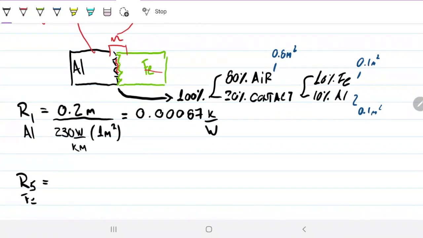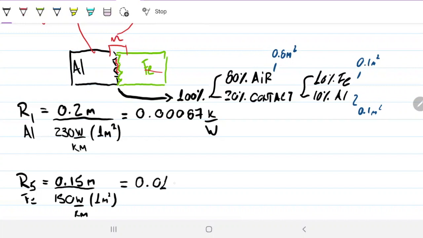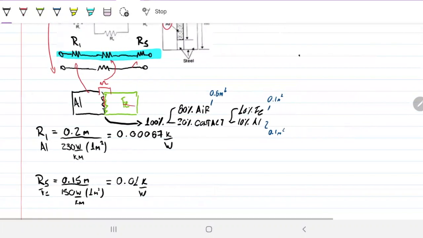Steel has 0.15 meters in thickness. Its conductivity is 150 watts per Kelvin meter, and its area is the same as the aluminum one. This turns out to be 0.01. So we already have R1 and R3.